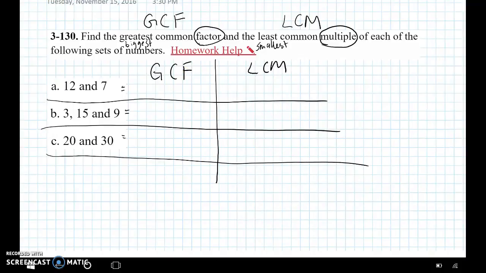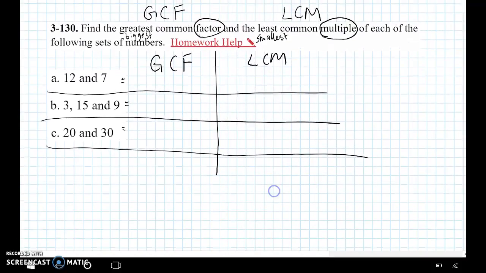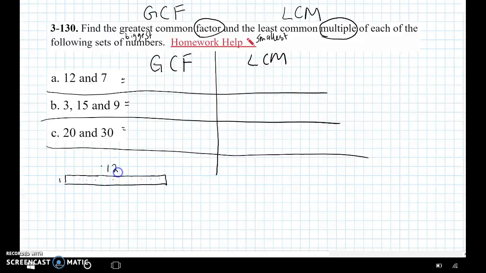So 12 and 7, I'm thinking factors. When I think what are the factors of 12, I could think of an area model, and I can even use these. I could have a 1 by 12. 1, 2, 3, 4, 5, 6, 7, 8, 9, 10, 11, 12. So those are two factors of 12, 1 and 12.